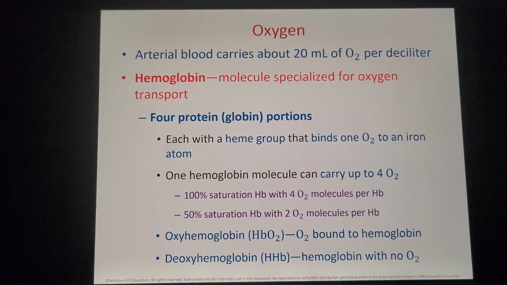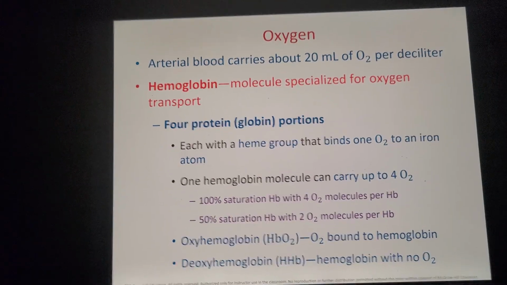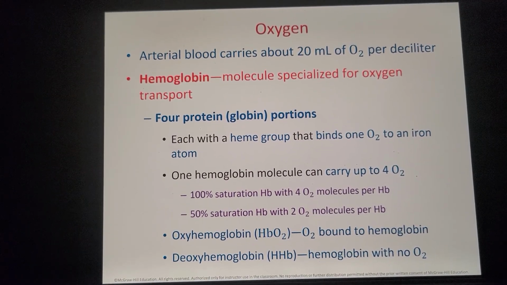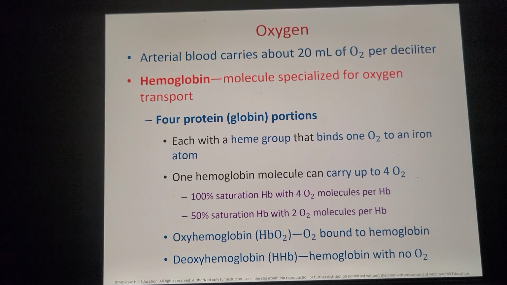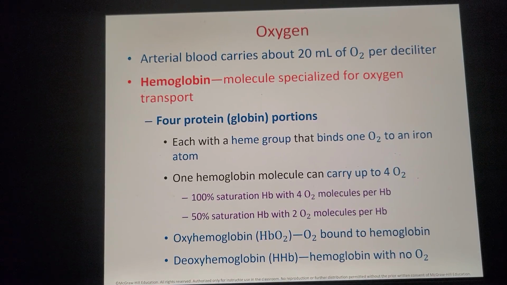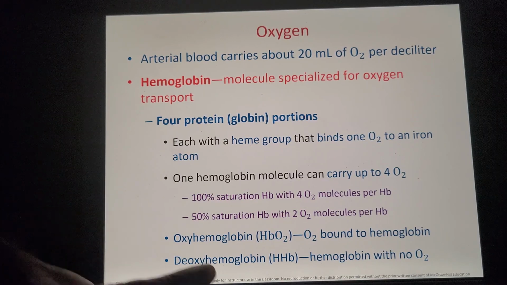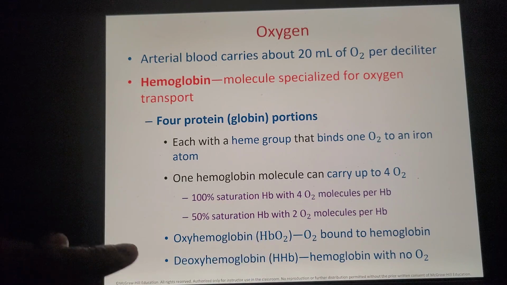So, oxygen transport on hemoglobin. With our hemoglobin, each of the globin proteins has a heme group that can carry an oxygen molecule. So one hemoglobin, since it has 4 of them, can carry 4 molecules of oxygen. When it is bound to an oxygen, it's called oxyhemoglobin, so hemoglobin with oxygen.